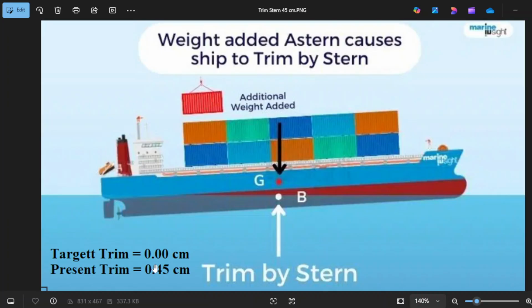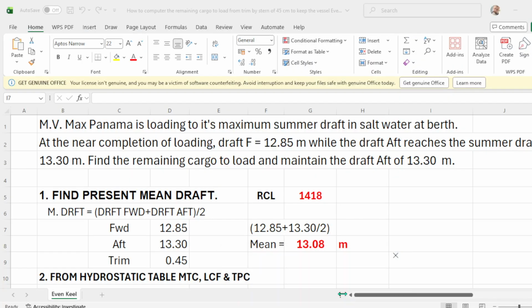So your target drop is even keel or 0 centimeters and your present trim is 45 centimeters. So this is the situation of your vessel when you are trimmed by the stern of 45 centimeters. Okay? Proceed to the program. And your mean drop is 13.08. This is the recommended cargo to load, 1418. But I will show you how to get this figure.